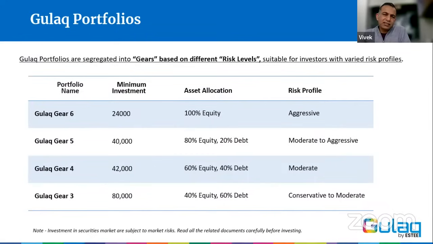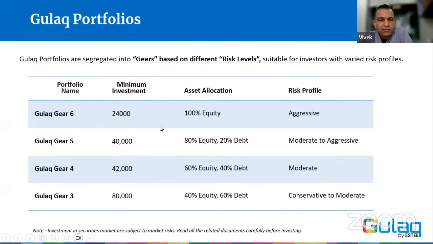So ballpark, that is the number, and that's how we measure risk. You can also go to gulaq.com. There's a tool in the tools section where you take a survey to measure which specific Gulaq portfolio is meant for you, and it will give you some idea about the kind of asset allocation you should have.